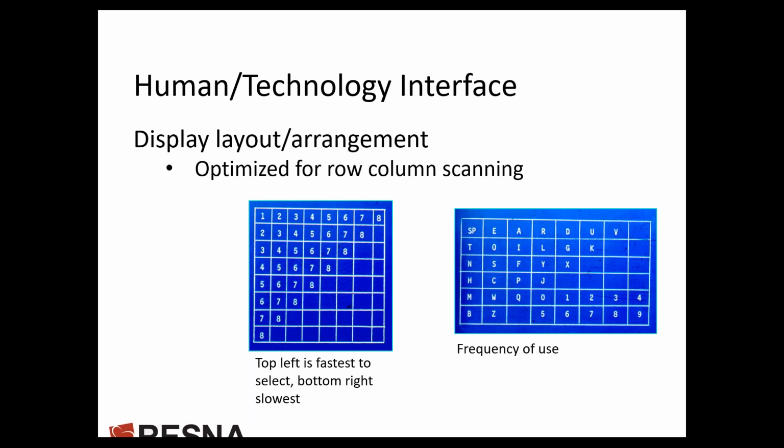So in the chart on the left, the square or cell that a person can get to fastest using row column scanning is the top left square. And the bottom right will be the slowest. So the chart on the right shows the letters placed according to frequency of use, and the space being used most frequently with the T and the E close behind it. So this is going to help optimize our scanning if we're using letters to spell words.